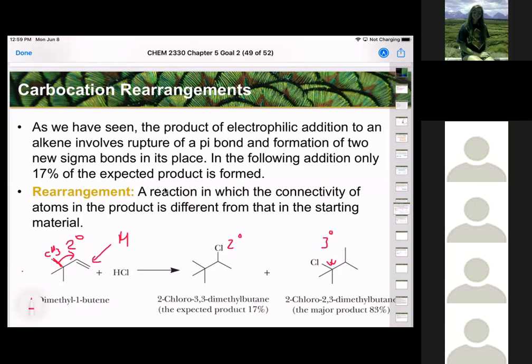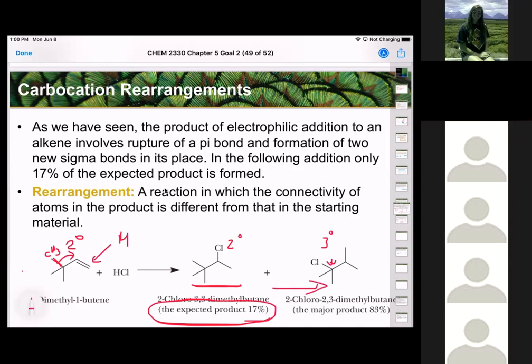So let's say, why do we have 2 products here? If the tertiary is more stable, but it has to form the secondary first, and once it forms the secondary, it can react as the electrophile. But while it's waiting around for those electrons to come to it to make that new sigma bond, it has an opportunity to rearrange to the tertiary. So when we do form some of this product, that means it reacted before it had a chance to rearrange.